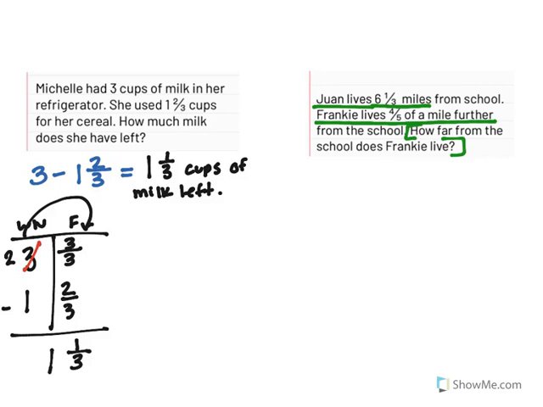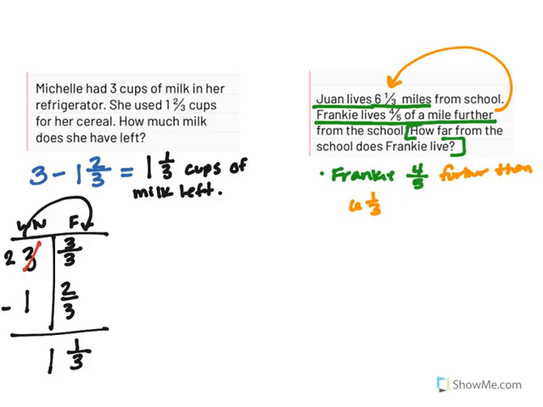All right, so we want to know how far from the school Frankie lives. Well, I know Frankie lives 4/5 of a mile further. Further than what? Further than how far Juan lives. So Frankie lives 4/5 of a mile further than 6 1/3 miles.